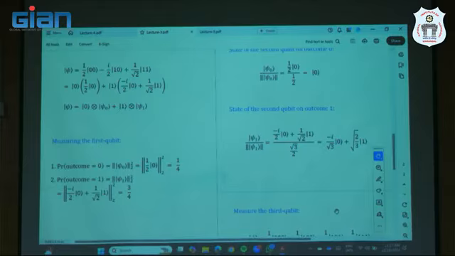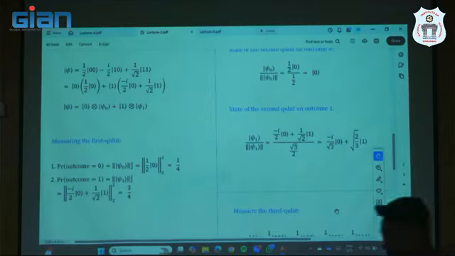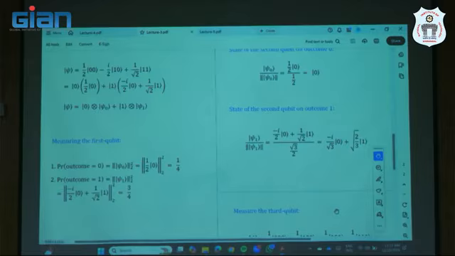Psi has L2 norm 1, but psi 0 and psi 1 need not have L2 norm 1 once we rearrange like this. Then measuring the first qubit: if we measure the first qubit, the probability of getting outcome 0 is the L2 norm square of psi 0. Agreed?